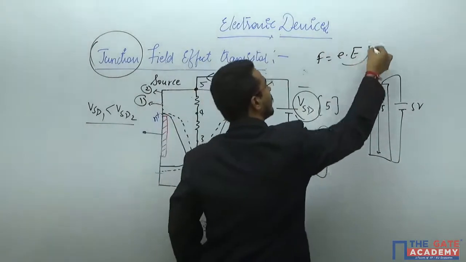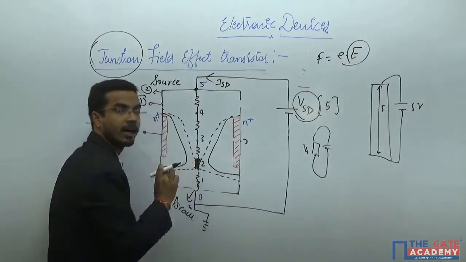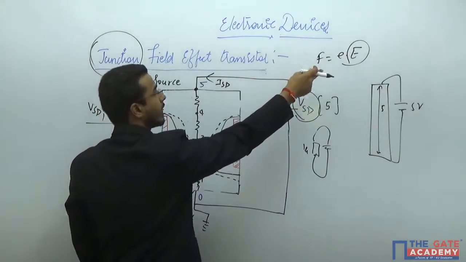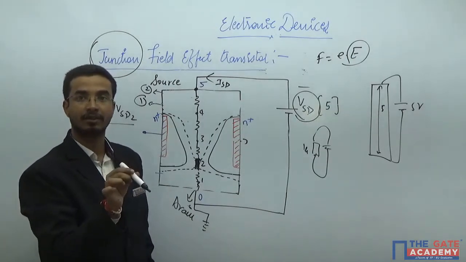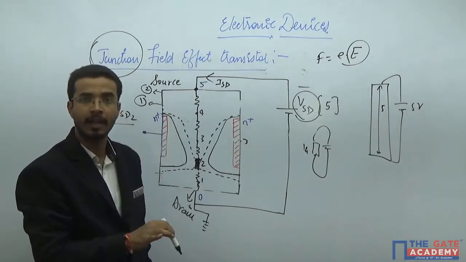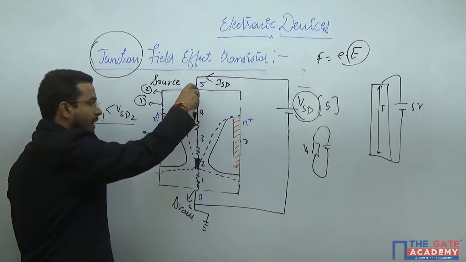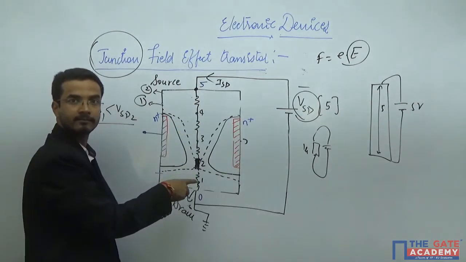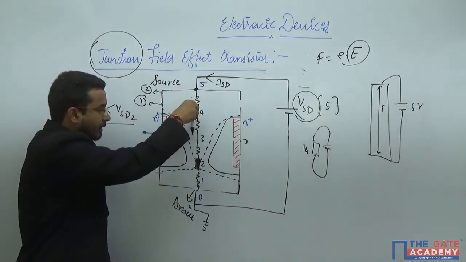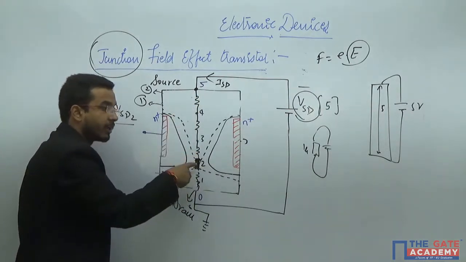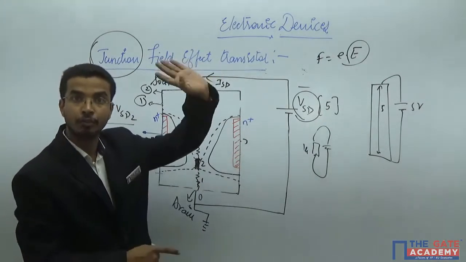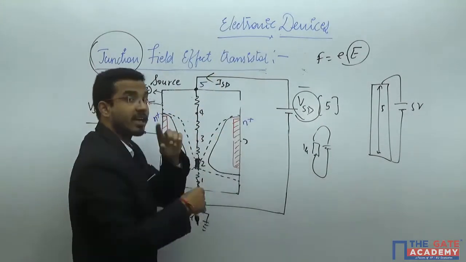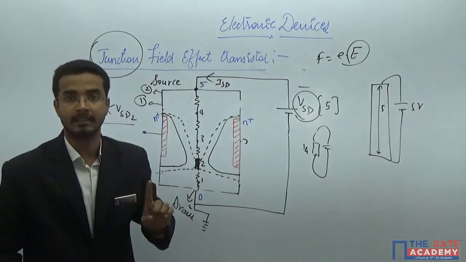Now the electric field in this region is very high, and if the electric field is very high, the force on the particle will be very high, due to which the kinetic energy of the majority charge carriers will be high, due to which that particle will penetrate this region. Okay? And if the particle is penetrating this particular region, that will offer some current instead of zero. So we assumed in the sharp edges that the current will become zero, which is not so practically.